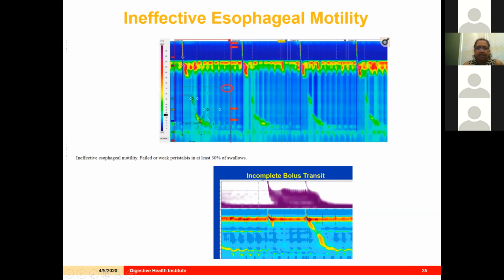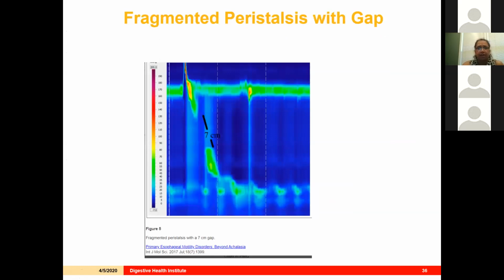Oftentimes, I'll even see IEM where I'll see normal peristalsis with waves that look like this, but very poor esophageal clearance where the swallow is not actually clearing the bolus. And so I'll interpret that as ineffective esophageal motility by impedance. That's also a newer concept with high resolution manometry, and combining that with impedance allows us to understand some dysphagia in our patients.